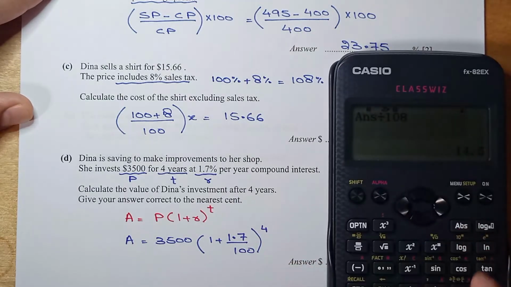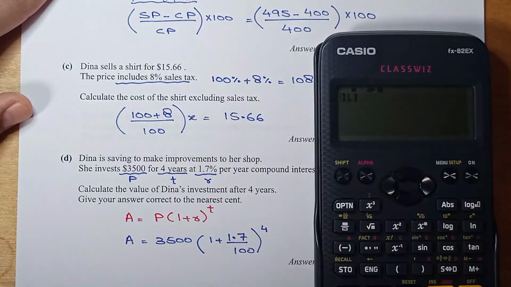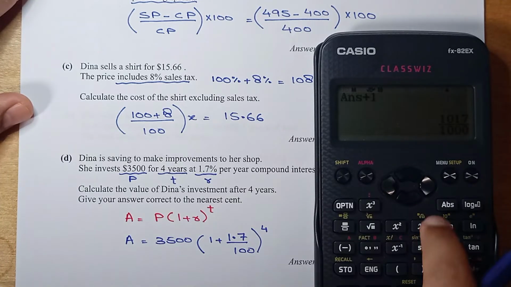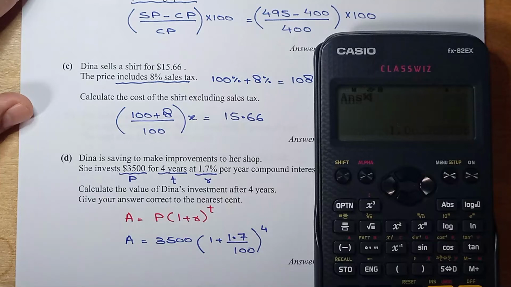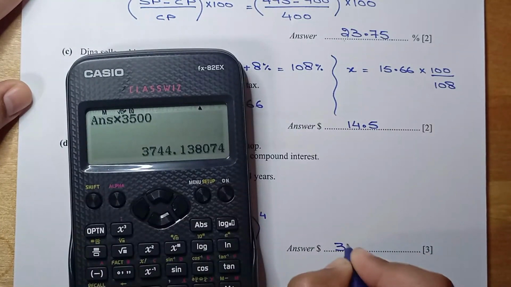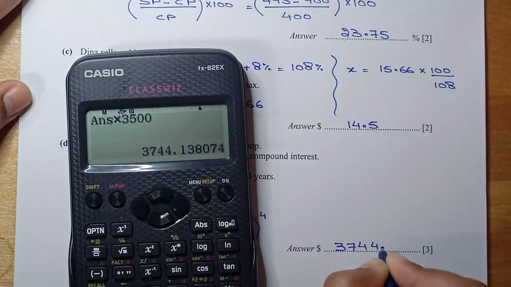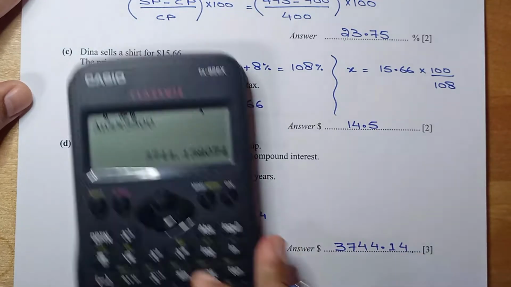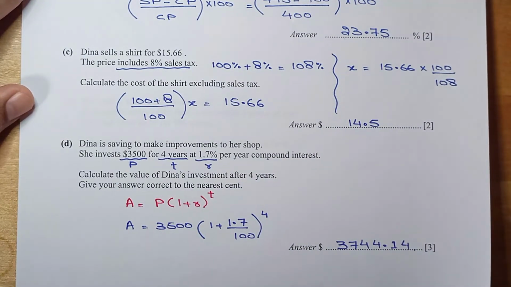So let me simplify it. 7.1 divided by 100, add 1, exponent 4 and times 3,500. That is 3744.138, or we can say $3,744.14, correct to the nearest cent.